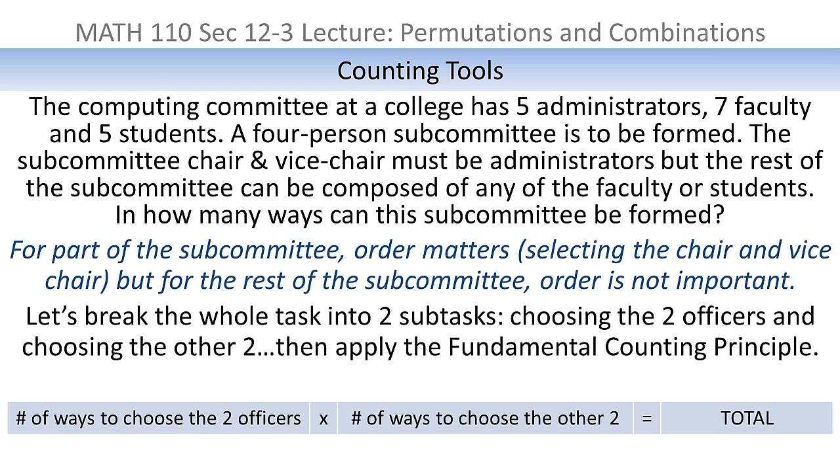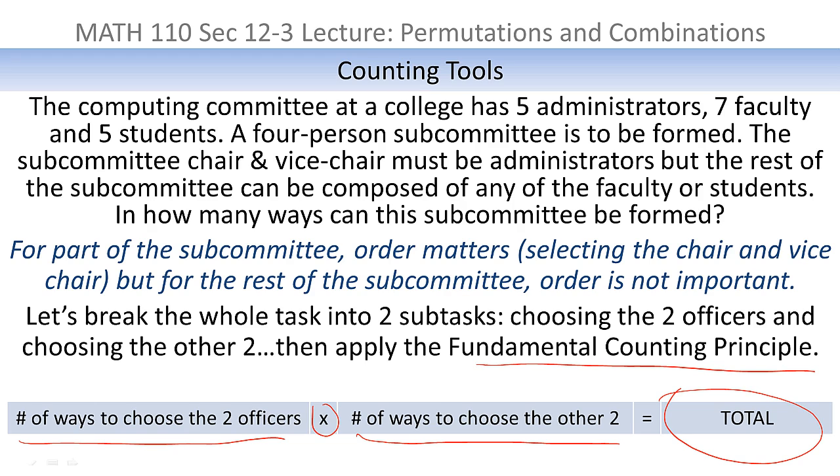In other words, the number of ways to choose the 2 officers times the number of ways to choose the other 2 is going to be the final answer. So I've broken this problem into 2 tasks. Task 1 will be choosing the two officers, and task 2 will be choosing the other two, and then I just take the product of those two subtask solutions to get the final result that I'm looking for. So that's my strategy. Divide and conquer.